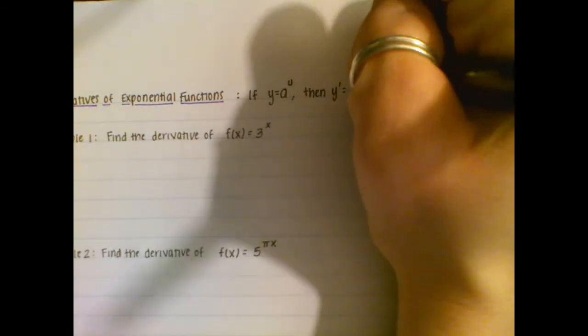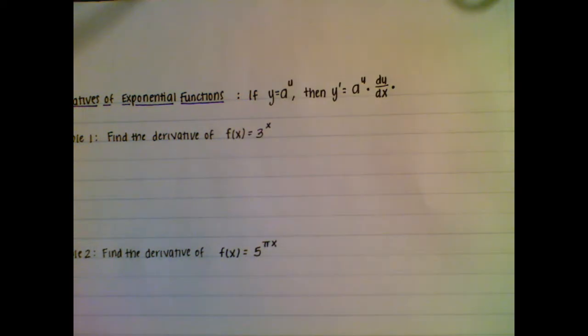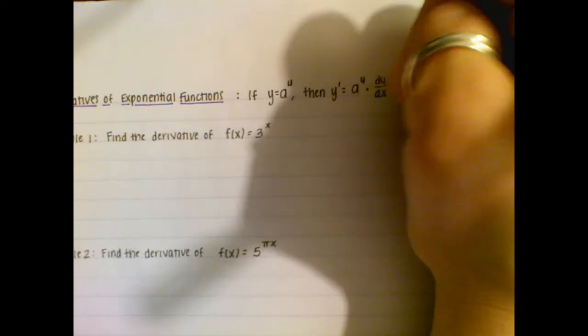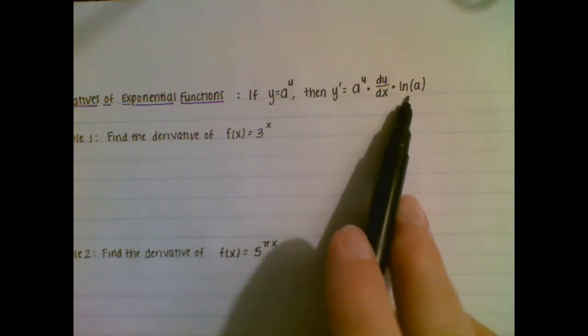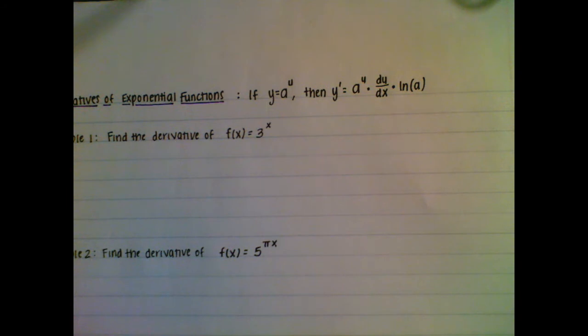So I'm going to write that as du dx. And then there's actually a third piece here where we're going to multiply by the natural log of whatever our base number is. In this case, our base would be a, so we'd be multiplying by the natural log of a.